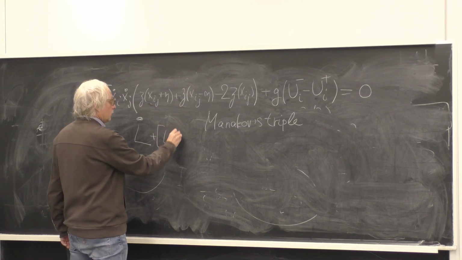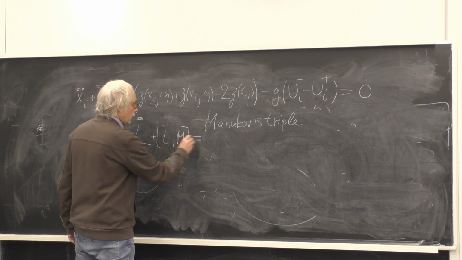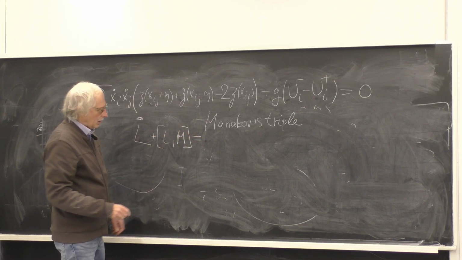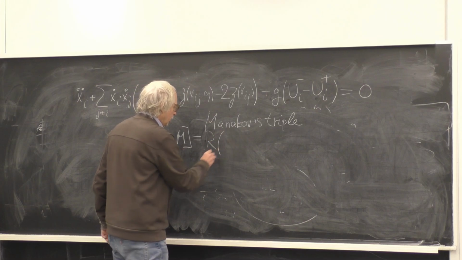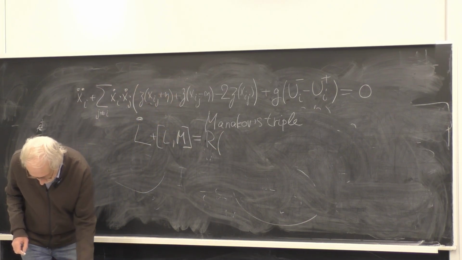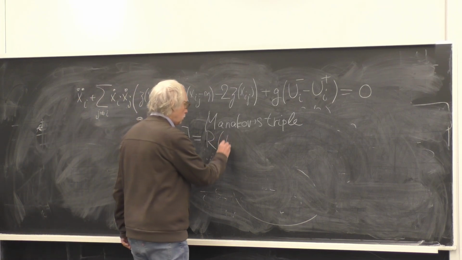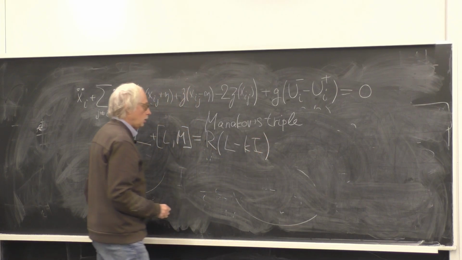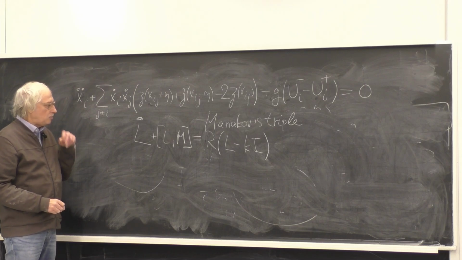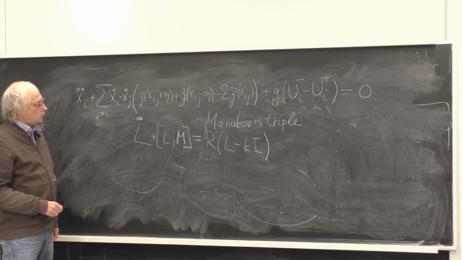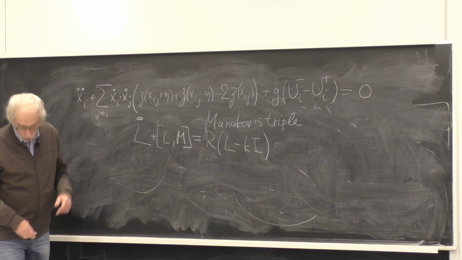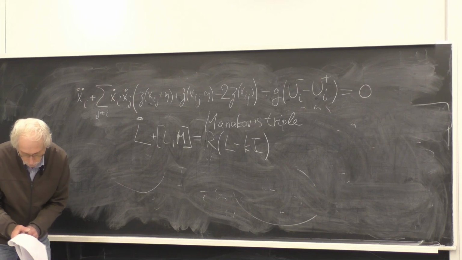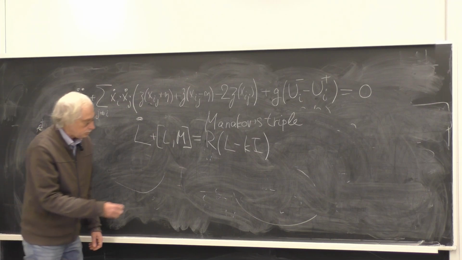It has the following form. For Lax representation, this was 0. But now it's not 0. It is some matrix R. Or it can also be written in some different form.